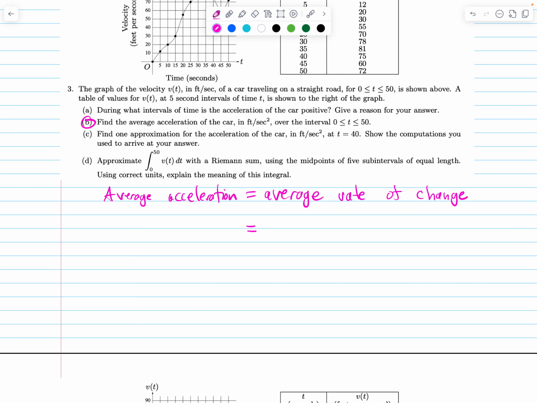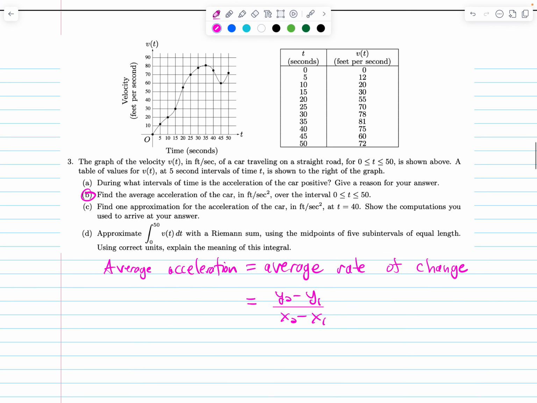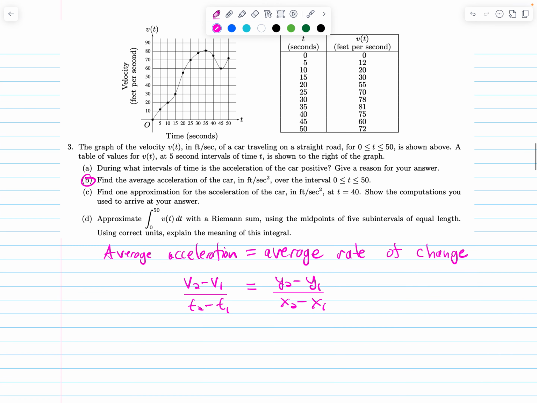For the average rate of change, well, in general, it's y2 minus y1 over x2 minus x1. Well, on this graph, y is velocity and x is time. So that would be v2 minus v1 over t2 minus t1.